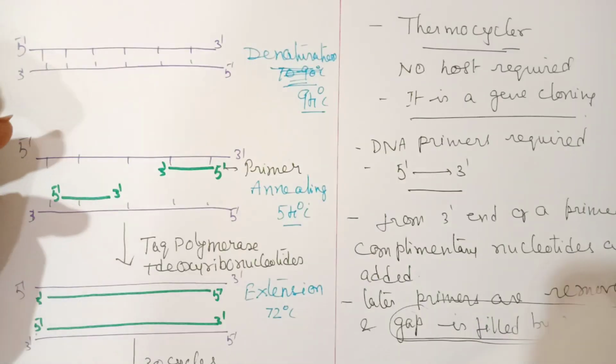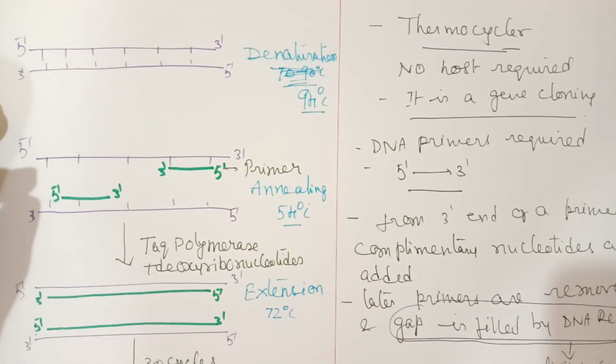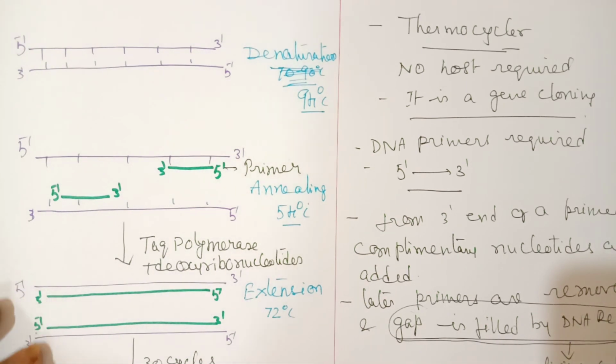I hope I made it very clear, students. So with this we complete up to the PCR technique. Now next one, I conclude my video here. So next video, next session, I will discuss about insertion of recombinant DNA into a host organism.